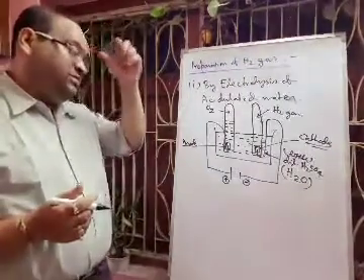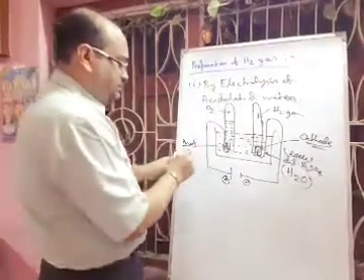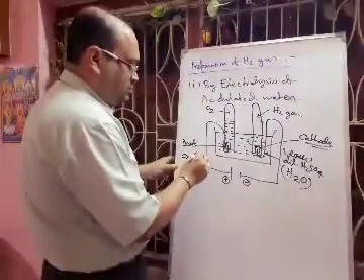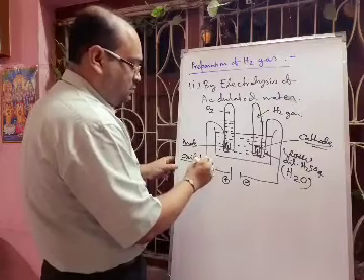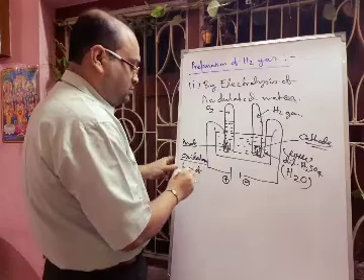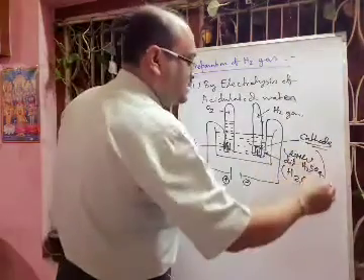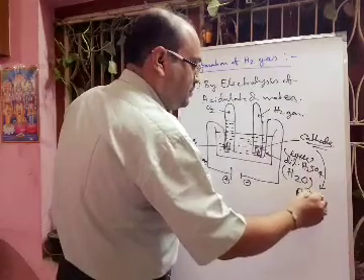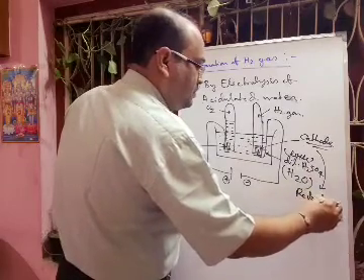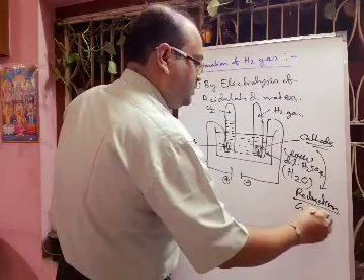So reduction and oxidation both take place at different electrodes. At the anode there will be oxidation. Oxidation means loss of electron. And at the cathode there will be reduction, so it is a gain of electron.